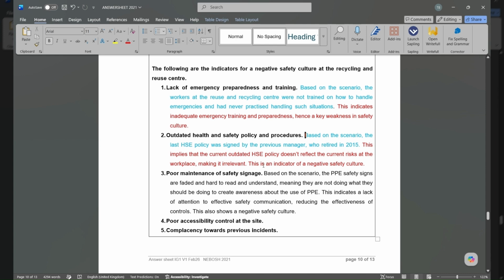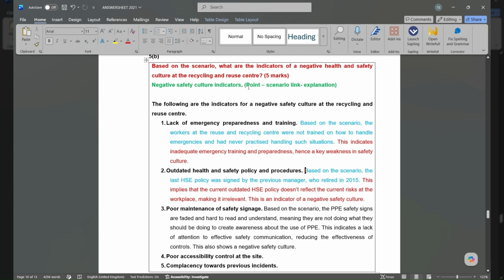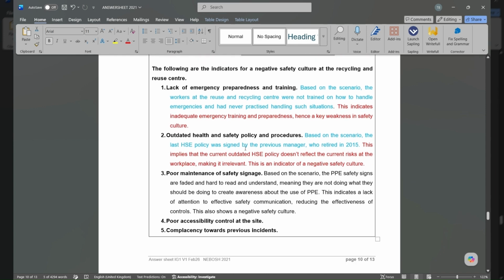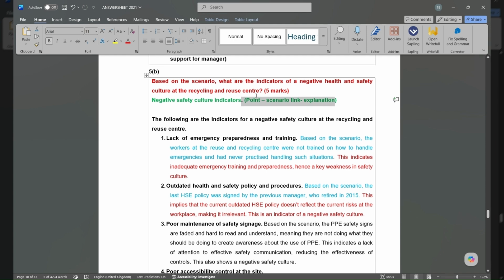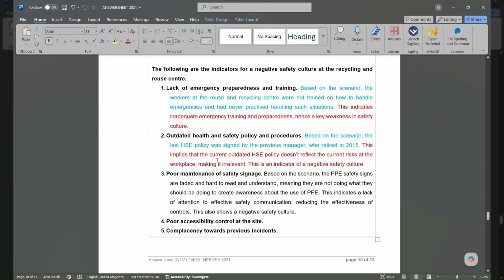This is an indicator of a negative safety culture. Again, I've used the golden NEBOSH answering technique, which is the point, scenario link, and then the explanation, giving me 1 complete mark. Remember, this question is 5 marks, so they want basically 5 answers.